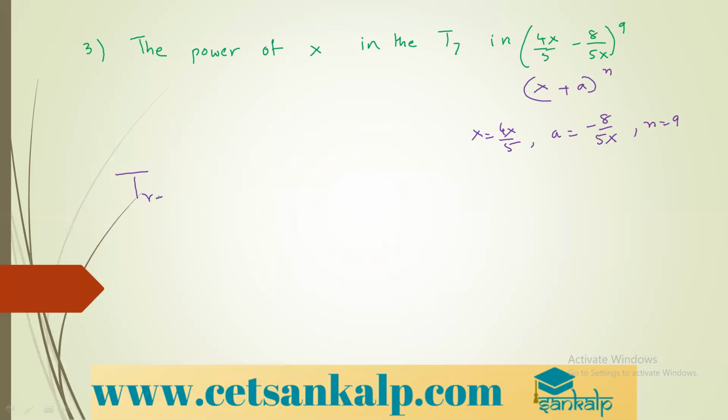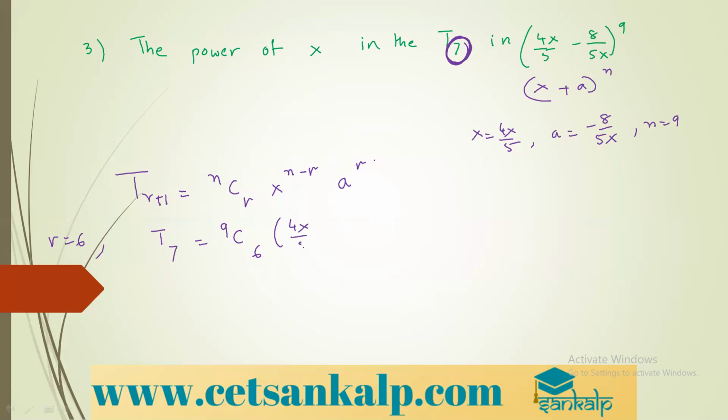I will use the general term T r plus 1, nCr, x power n minus r, a power r. Because I have to take the seventh term, r I will put as 6, so that I will get the seventh term. N is 9, r is 6.